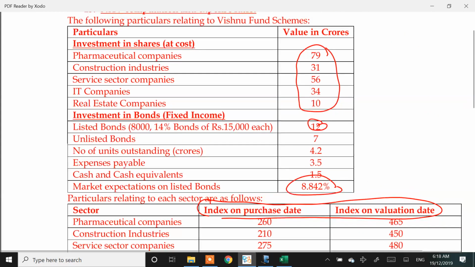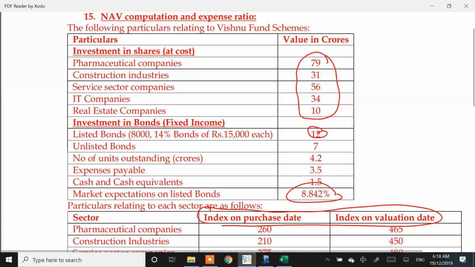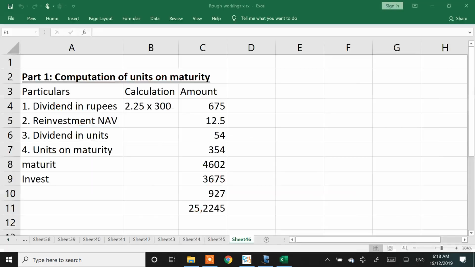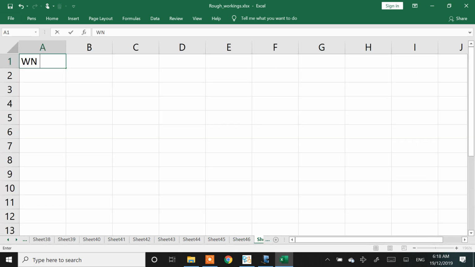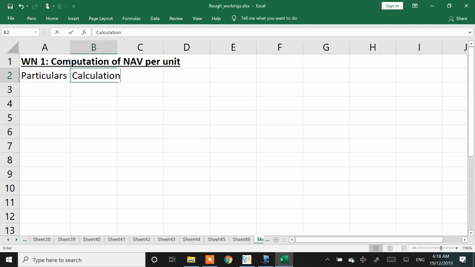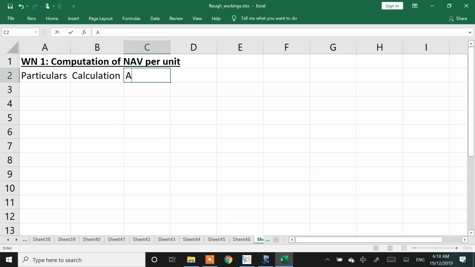Working note 1, computation of NAV per unit. Particulars, calculation, amount.